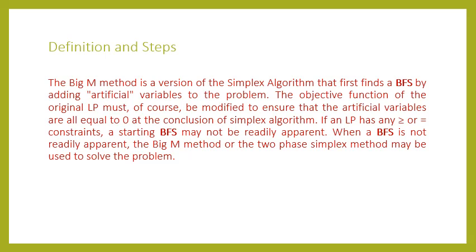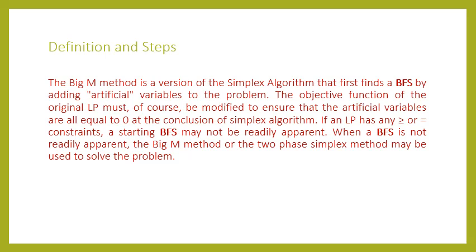Usually, the Big M method is used to solve the problem of minimization. Here we have to take into account the importance or significance of slack, surplus, and artificial variables.